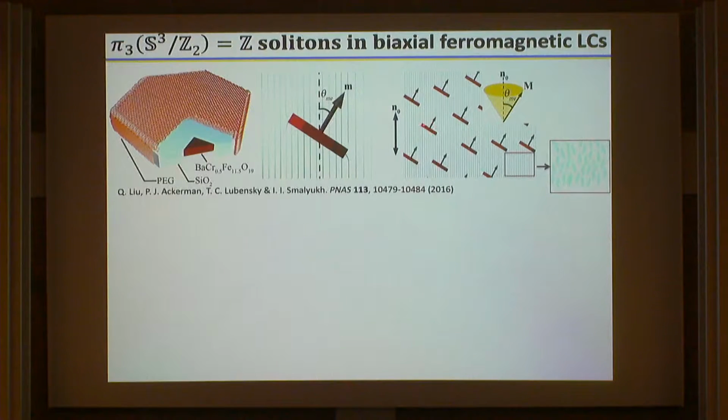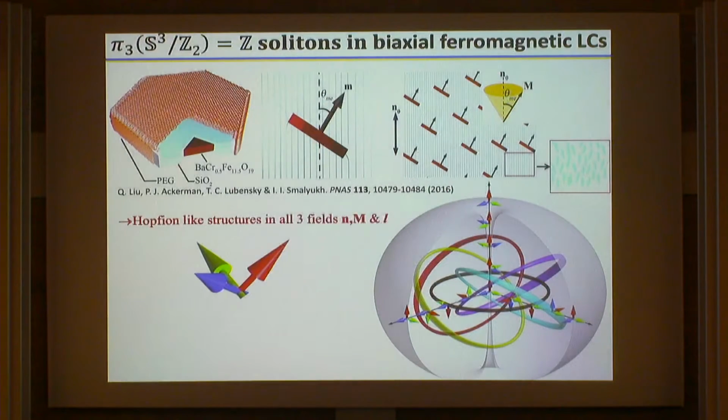under some surface anchoring conditions on the particle surfaces tend to align in an orientation tilted with normal to the platelet surface, tilted with respect to the far-field liquid crystal director. And then the magnetization becomes tilted with respect to the far-field liquid crystal director. And so in these types of structures, we can realize solitonic field configurations in a triad of vector fields.